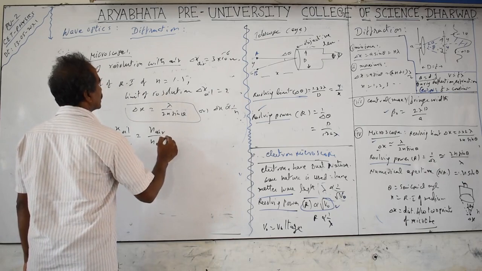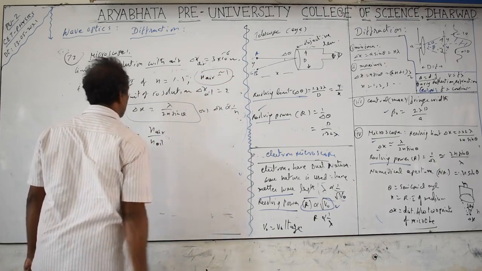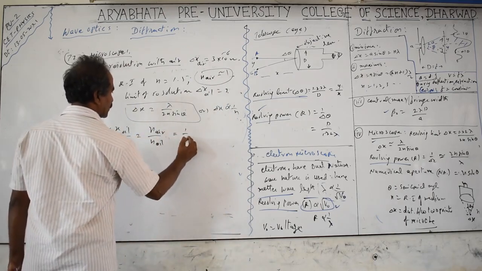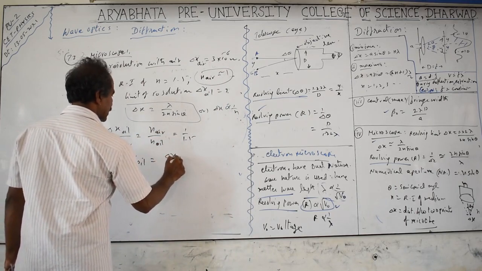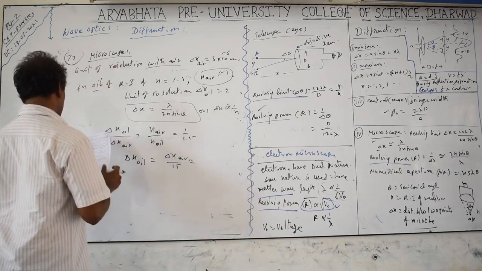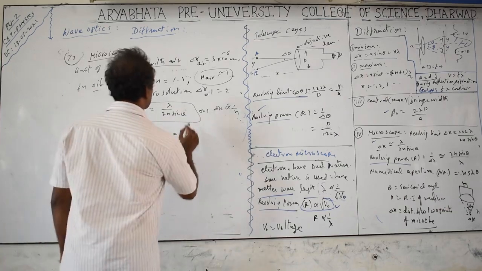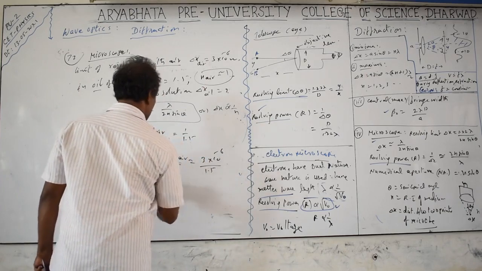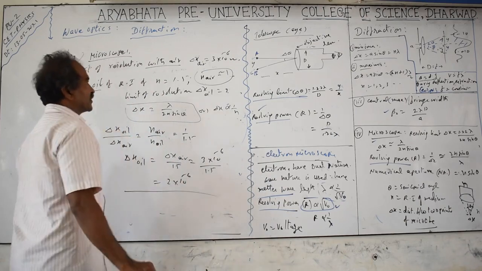n air is approximately equal to 1. For vacuum the refractive index is 1, for air nearly 1, slightly more than 1, so we take 1 only here, 1 by 1.5. So delta x oil equals delta x air by 1.5, which is 3 into 10 to the power of minus 6 by 1.5. 1.5 into 2 is 3, so 2 into 10 to the power of minus 6 meters is the limit of resolution.